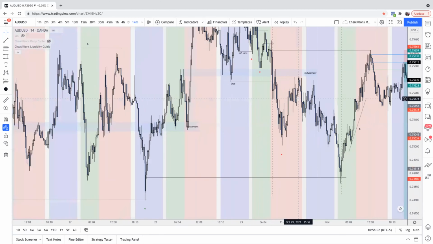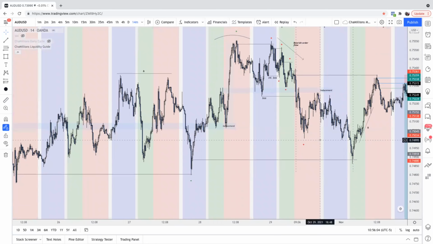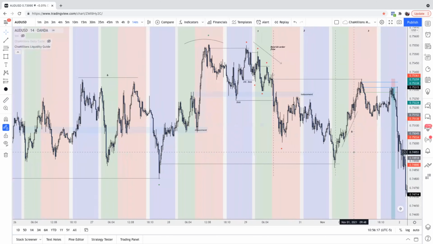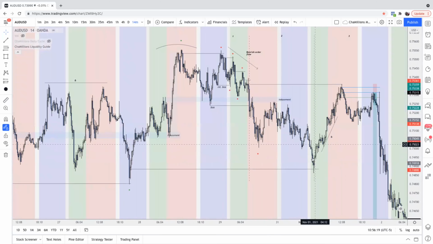Now, in watching this in hindsight, no, I did not take a buy here. You could have been a little bit aggressive, but me personally, I don't usually take buys off the first taps. The behavior post this move here gave me more confidence that sells are more in my favor.